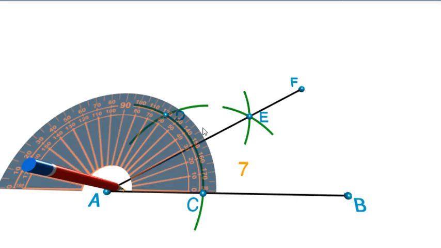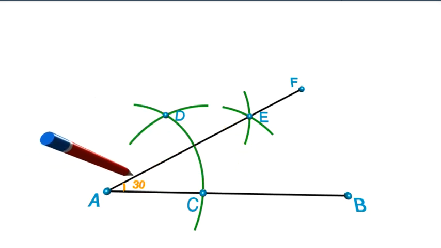It looks like it's the inner scale that starts from 0. Using the inner scale that starts from 0, I'm going to go up 10, 20, 30. So that angle, angle BAF, is equal to 30 degrees.